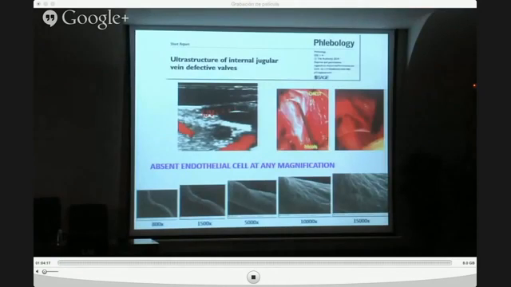Looking at the jugular valve, in this condition the valves are frequently not mobile, are stuck valves, and sometimes are inverted. Look at this picture. I don't know if this does not work.